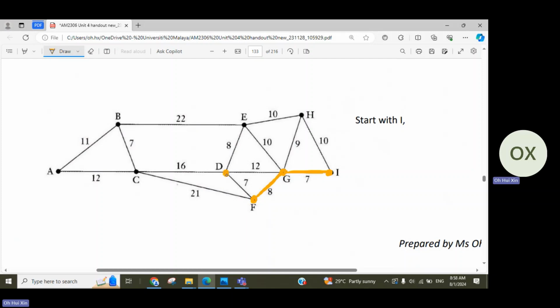So the shortest is 7. Then neighbors 10, 9, 10, 8, 16, or 21. Among all, the shortest is 8. Now same thing, 10, 9, 10, 22, 16, 21. The shortest one is 9. So this part of the graph is already settled.